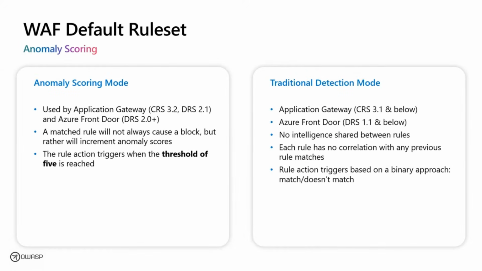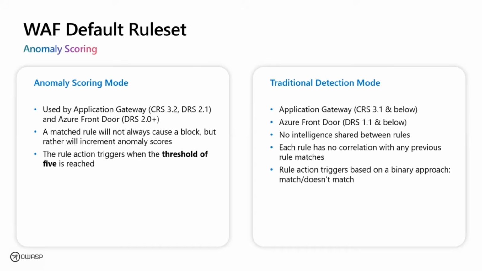So what is anomaly scoring? Anomaly scoring is a method that is used within the Application Gateway for CRS 3.2 as well as DRS 2.1, and within Front Door for DRS 2.0 and above.